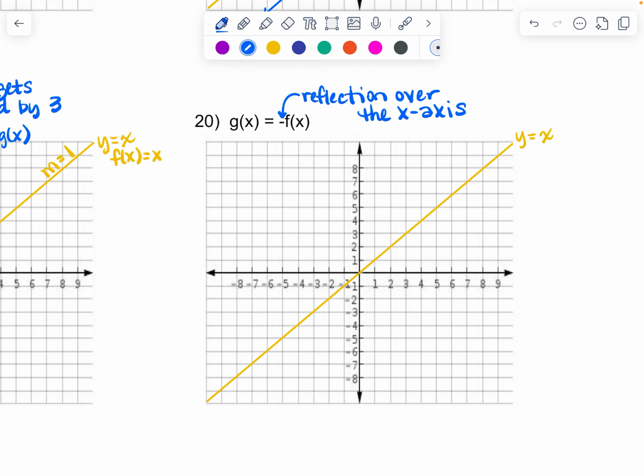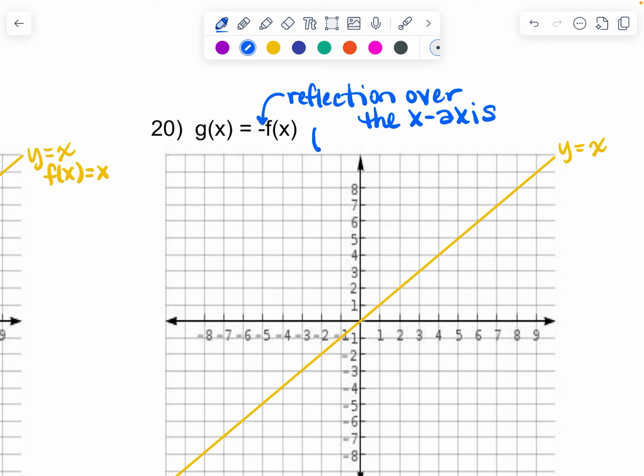It also means, right, that you're negating, I'm going to write this down. Now on a test, if we ask you what the transformation is, you have to write reflection over the x-axis, right? But what that actually means is the slope and y-intercept are multiplied by -1.